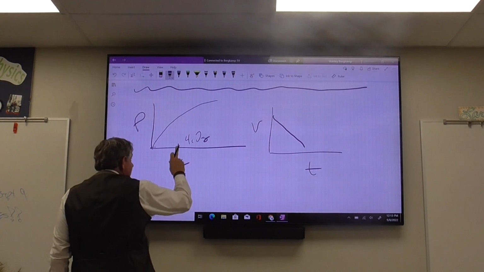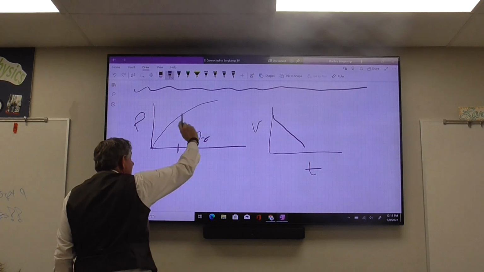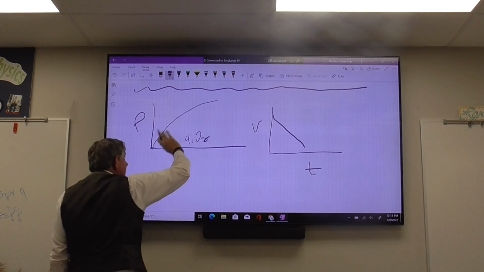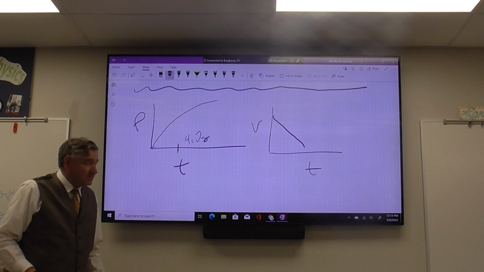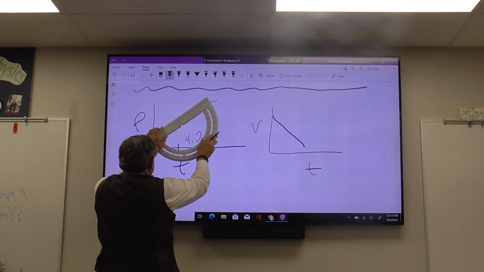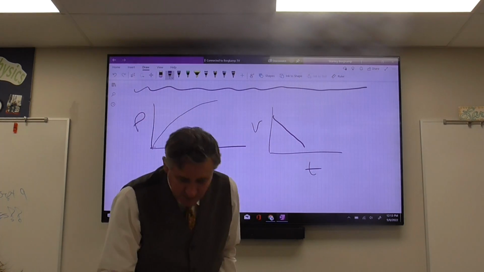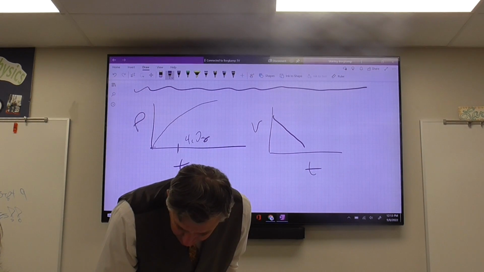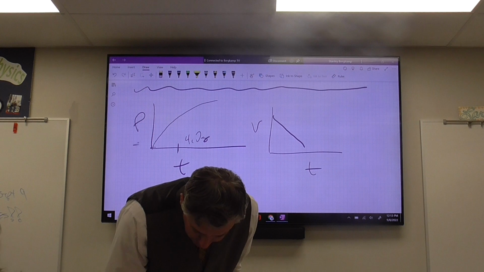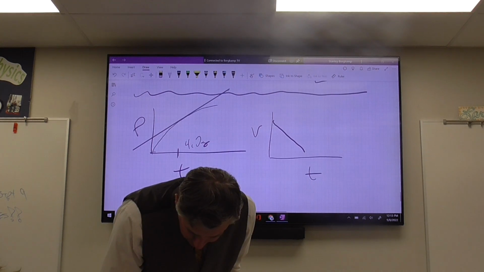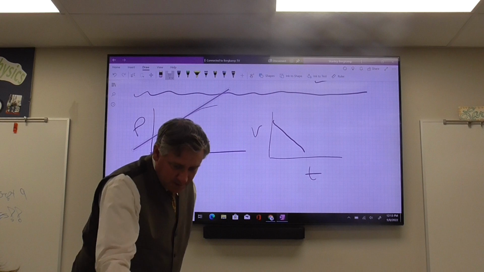So you're going to come up here at that 4-second mark, and then you're going to have to imagine that this is part of the circle. And then you're going to draw that tangent line where it's going to touch that circle at exactly 1 point. So you're going to have something like this. Okay?